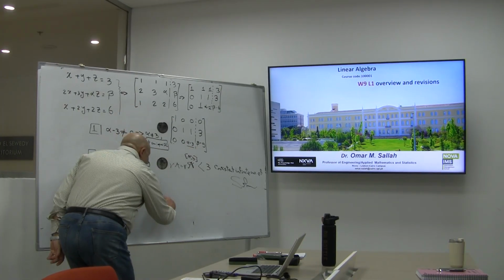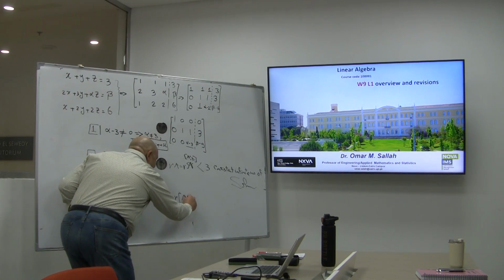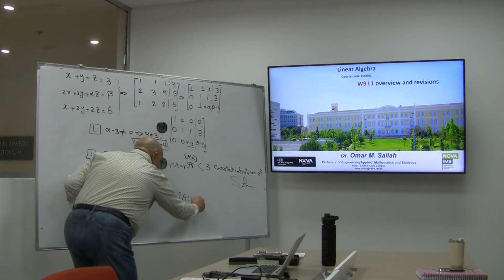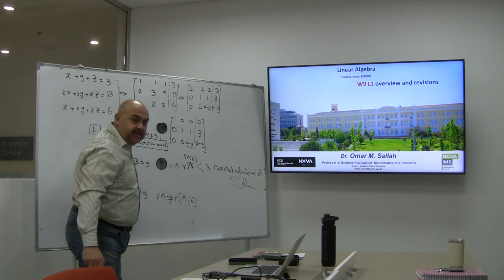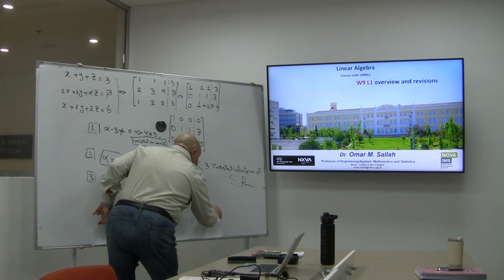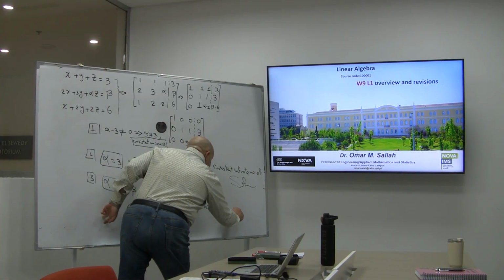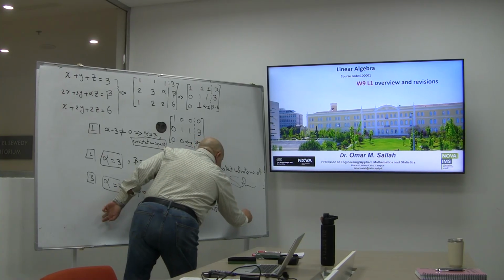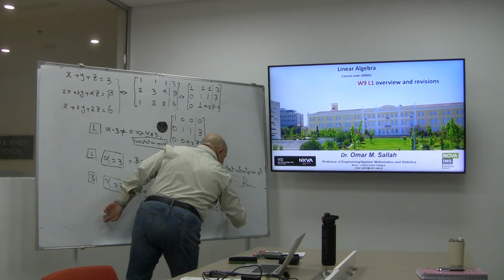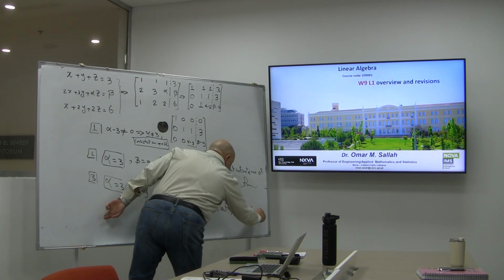Here the rank of A doesn't equal to the rank of A and B. Not equal to the rank of the augmented matrix. In this case, I will have inconsistent system or inconsistent solution. Inconsistent system, which means no solution.